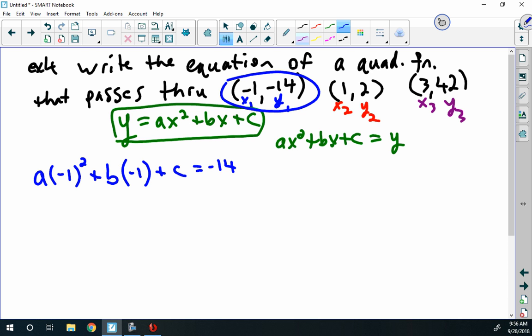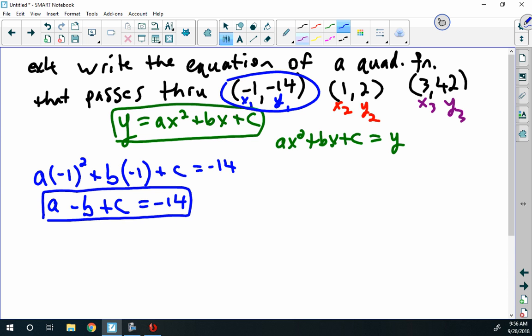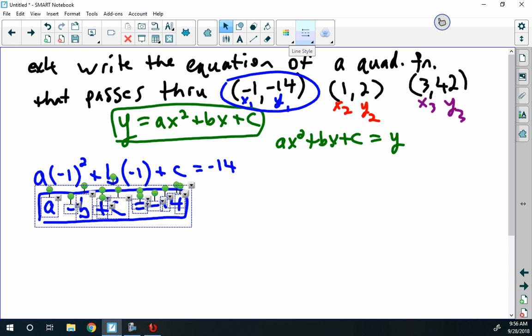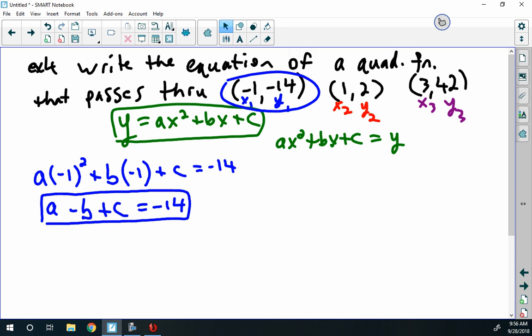Okay, I'm going to clean this up just because A times -1 squared is unconventional. -1 squared is 1, and A times 1 is just A, right? So I have A. B times -1 is minus B plus C equals -14. That's going to be one thing that I'm going to be using in a minute. I'm going to come back and use that in a couple minutes.